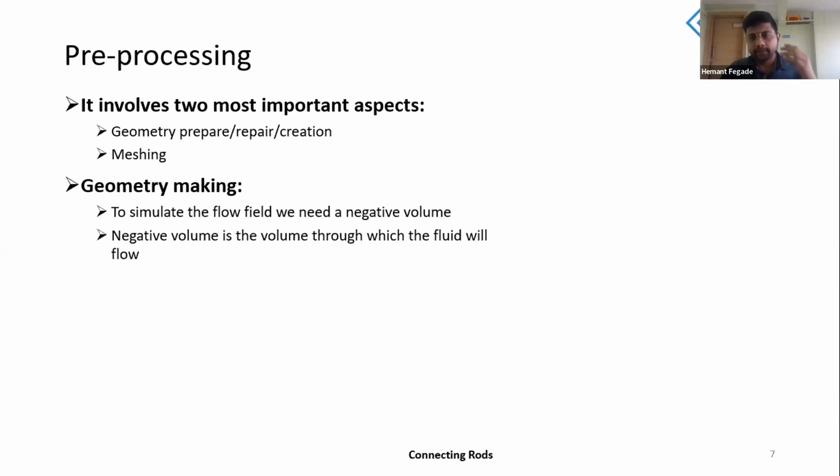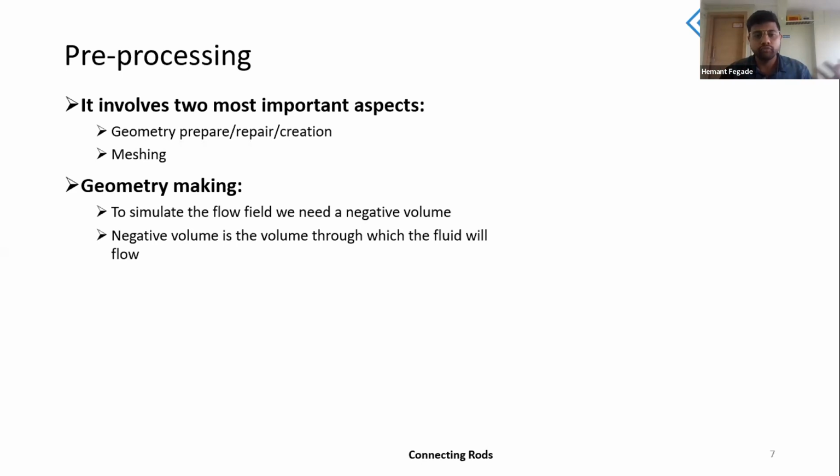Now, with that ideology, in the domain that we have constructed, apart from the components like the heat sink, which are the components of the system, whatever volume remains is called negative volume. That is where air is going to flow over, right? So your fluid is going to move around in that negative volume.